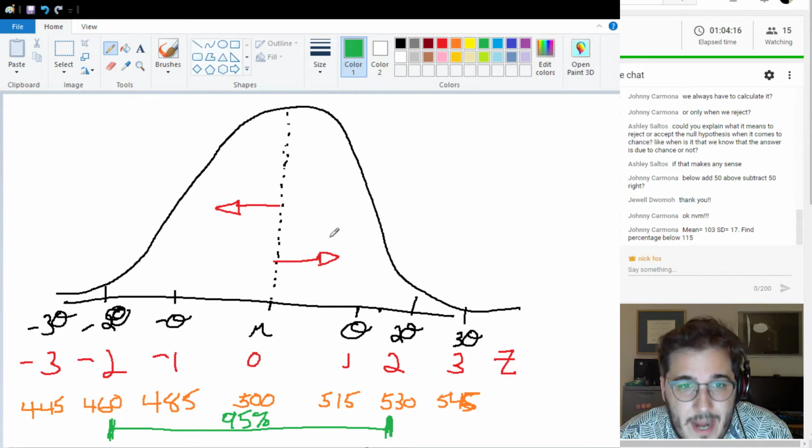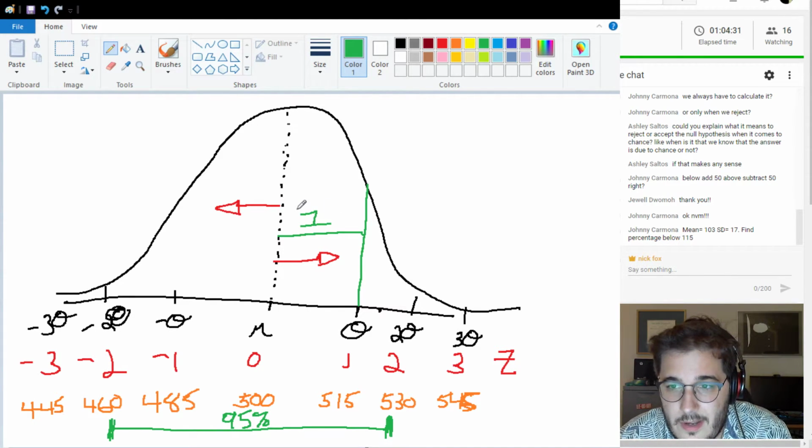the table in the back of the book gives you this number, right? So if you want to know how many observations exist between the mean and 1 standard deviation, you go in the back of the book and look up a z-value of 1. And that will give you some number, which is like 34 point something.